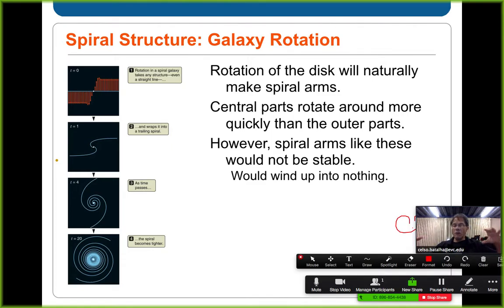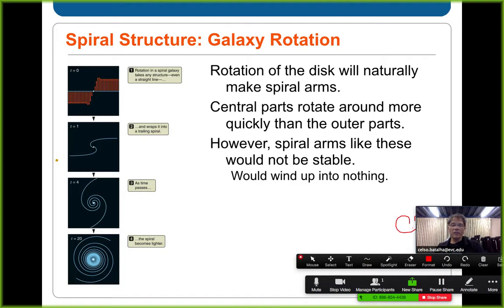You allow this system to rotate and apply Kepler's law, as we studied in chapter 3 or 4, which means the part of the disk closer to the bulge, the central part, will circle with a speed larger than in the outer regions of this disk.